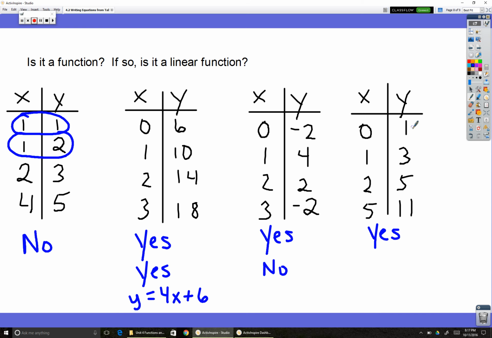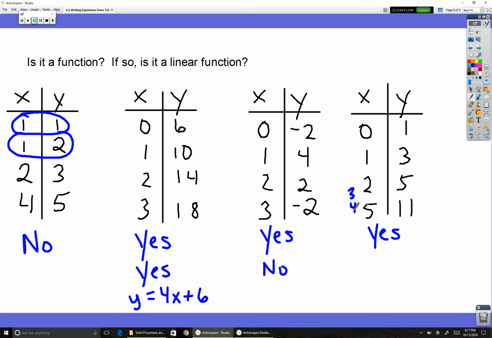Now let's look to see if it goes up by the same amount. 1 plus 2 is 3. 3 plus 2 is 5. And 5 plus 2 is not 11. But if we look at what's going on with our x value, it skips from 2 to 5. So we have to kind of imagine values 3 and 4 in here. 5 plus 2 would be 7.